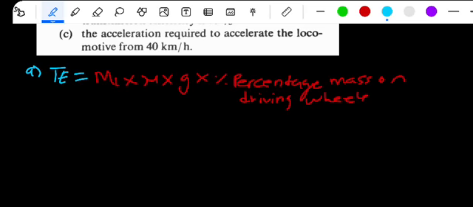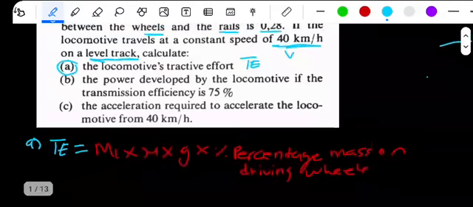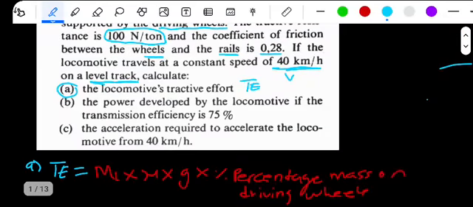Are we together? Now we know that we've been given our locomotive there, as you can see, we are given our TE. We have been given everything there. Let us substitute.